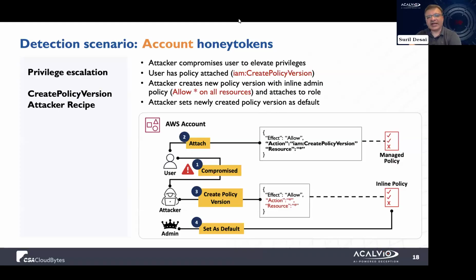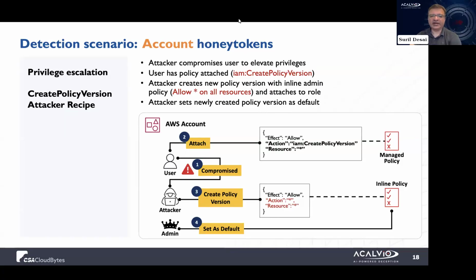Now let's look at an attack scenario and see how honey tokens serve defenders and provide benefits from a real world attack perspective. So here is an attacker who has gained access to an environment in the cloud. The attacker has compromised a user, and the attempt is to elevate the privileges.